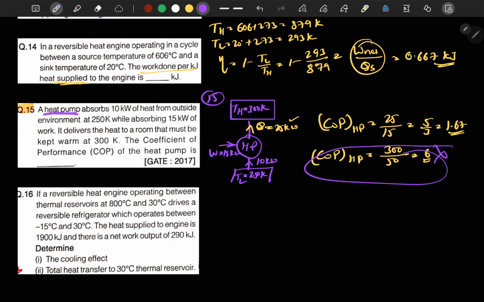Why? Because it is not mentioned here that the heat pump is reversible. This formula is only applicable in case of reversible, and here the word reversible is not mentioned.